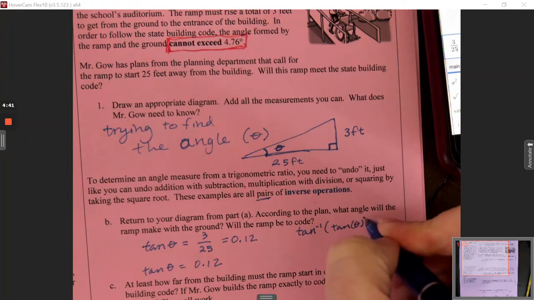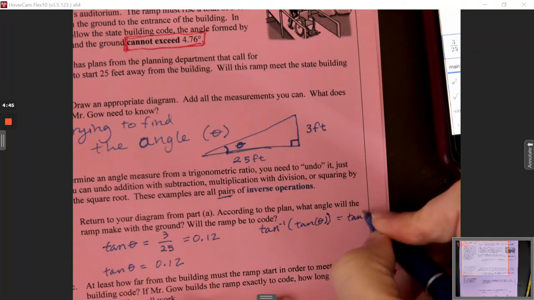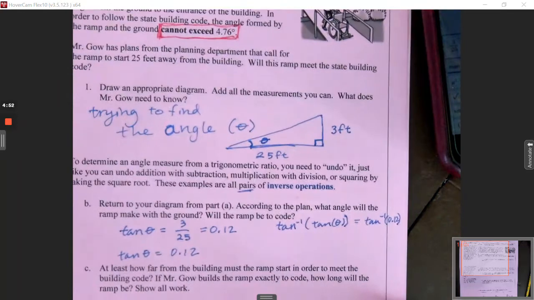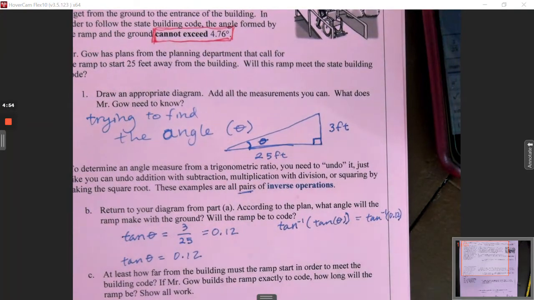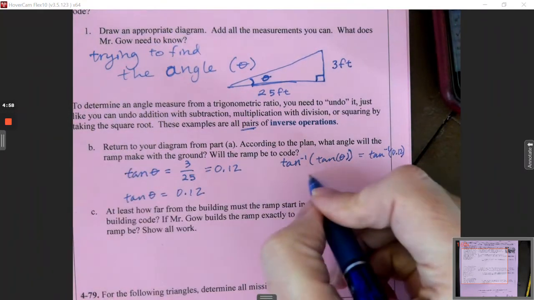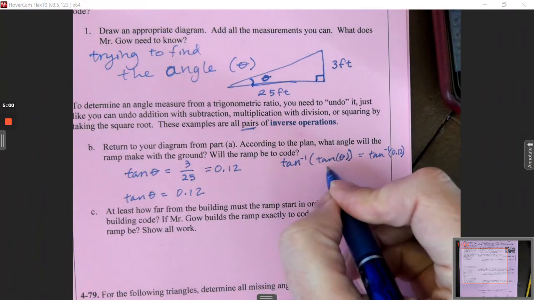So this tangent inverse undoes tangent, so we're left with theta equals the tangent inverse of 0.12. So I've got my calculator here. And how do I get to tangent inverse? This is the Desmos calculator, and there is no shift or second, but if I click function, tangent inverse is right underneath tangent.